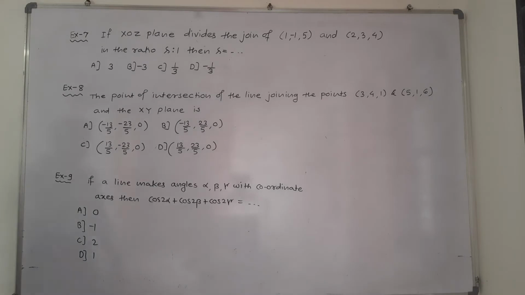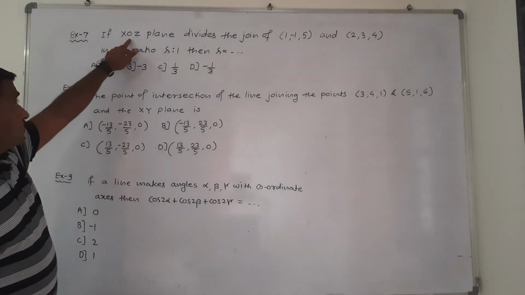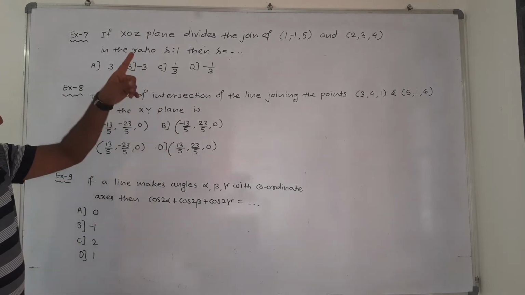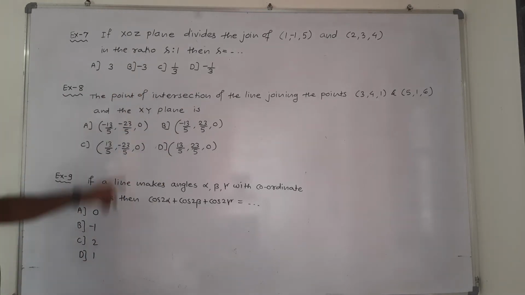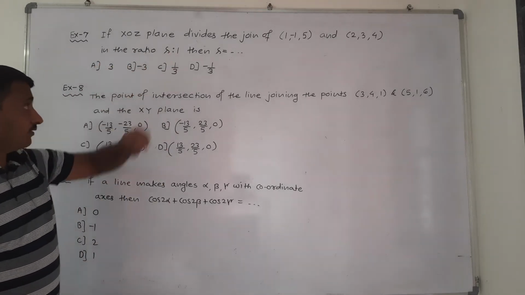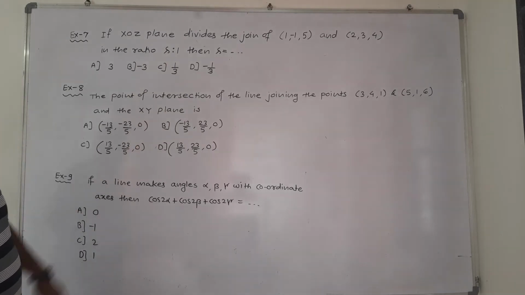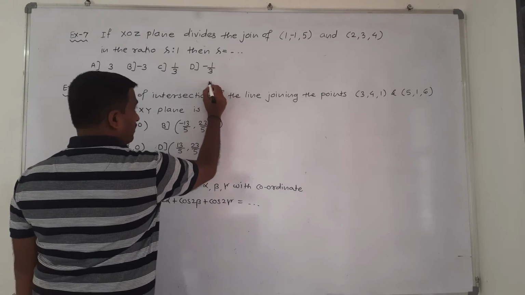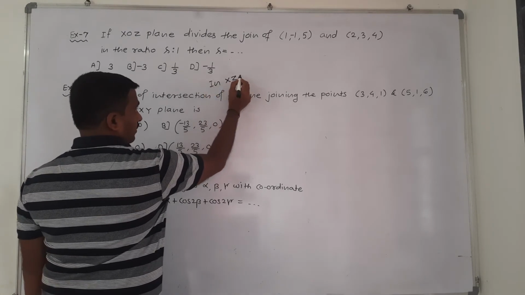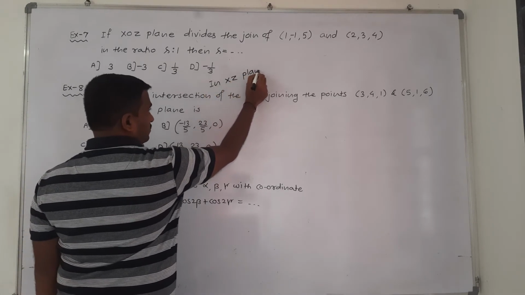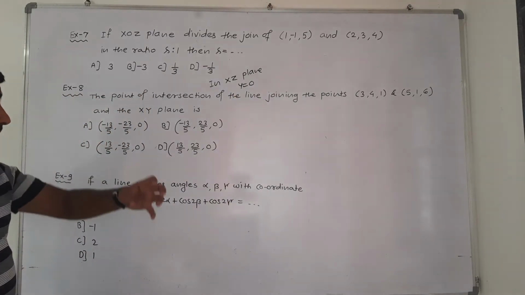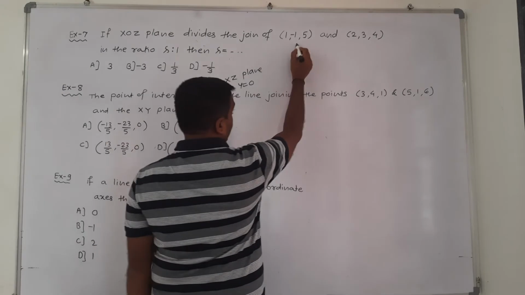Next example, if the XOZ plane, that is the XZ plane, divides the join of (1, -1, 5) and (2, 3, 4) in the ratio lambda to 1, then lambda is equal to what. In the XZ plane, y coordinate is always 0. Therefore we compare the y coordinate of these 2 points.